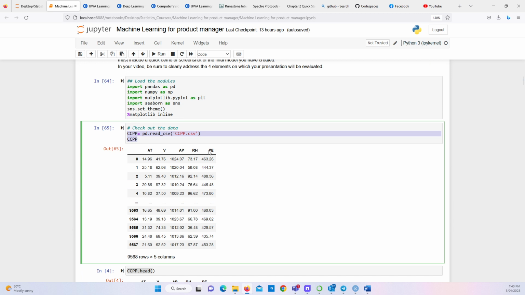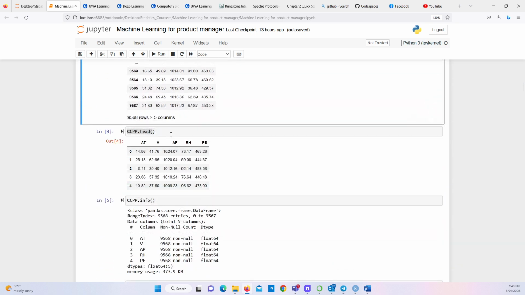See, this is the output, electricity output, and this is humidity, which is a predictor variable, pressure, vacuum, and temperature, right? We can also look at the first 5 rows by using the ccpp.head command.